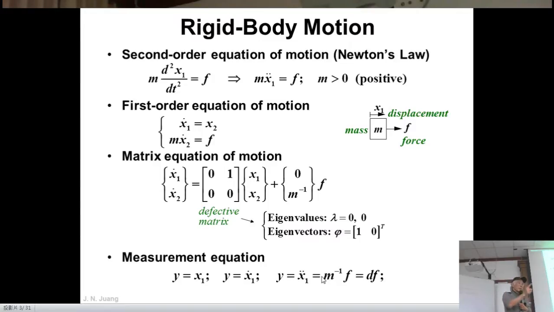If you use a displacement sensor to measure your motions, then your y is my measurement quantity. I don't tell you what kind of sensor or what kind of state I'm going to measure. We all use this y symbol to represent the measurement equation. Y is a quantity. That quantity gives you a measurement.